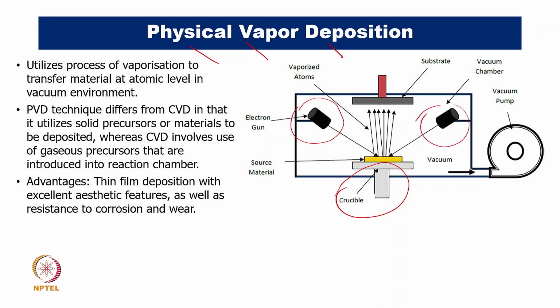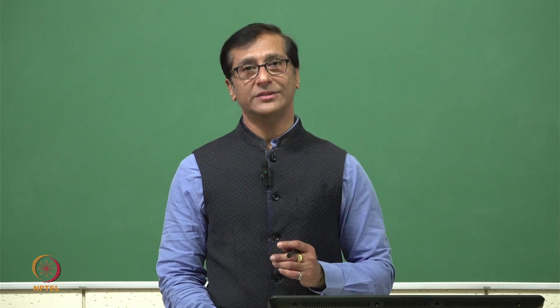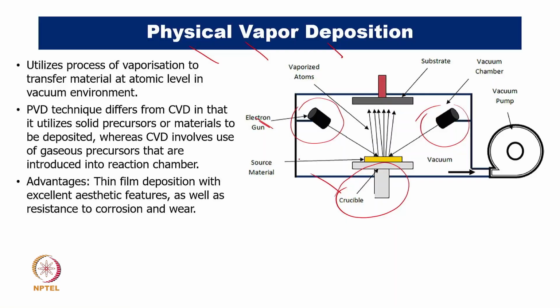Most materials can sustain a temperature up to 1500 and get vaporized, but some material oxides don't vaporize at 1500, so we may require an electron gun to increase the temperature. So we have the option of a crucible, an electron gun, or both, and again we need to maintain the vacuum in this case.